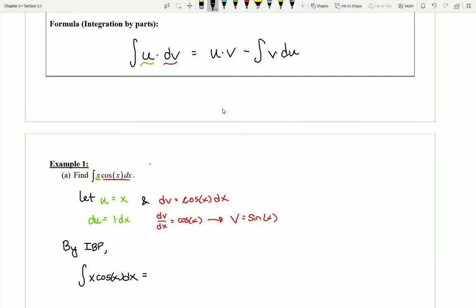Whatever I labeled as u should be multiplied to v, so u was x and v was sine of x, and then I should subtract an integral of whatever v was times whatever du was, which was just 1 dx, or I'll just write dx.